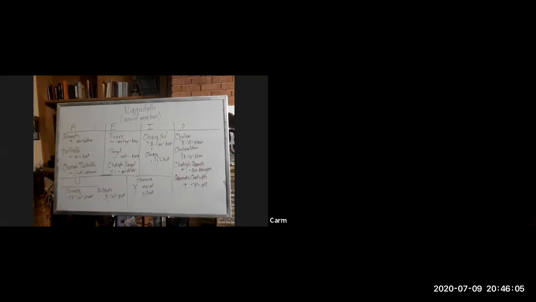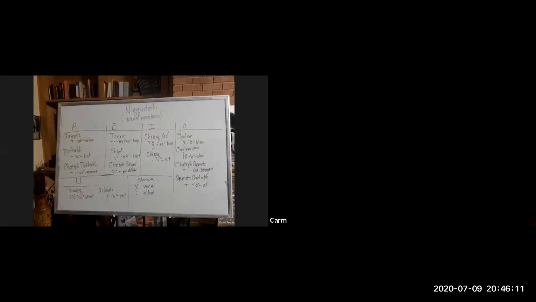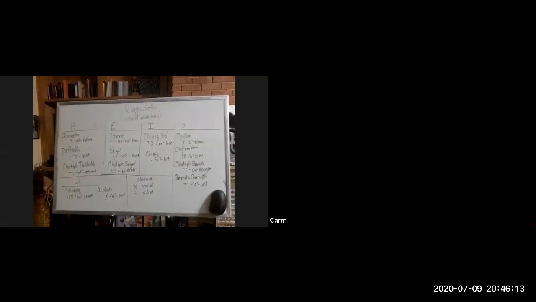I'm going to start off with a label, kind of like your English voweling system, A, E, I, O, U, and then we have the Shewa. So, what is considered your A-class vowels? I have the long vowels at the top, short vowels at the bottom.